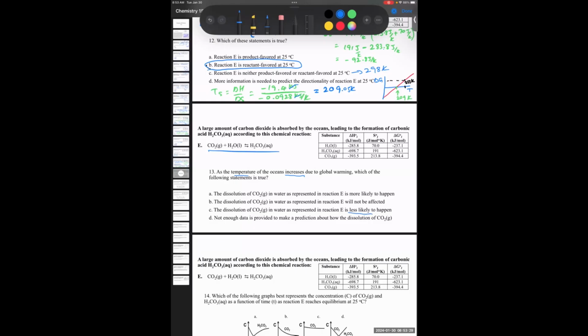Yep. Option C, not enough data? No, it's enough data. Because when the temperature is high, the amount of carbon dioxide that dissolves is going to be less and less. More reactant favored, that's the idea. So option C is the correct answer there.